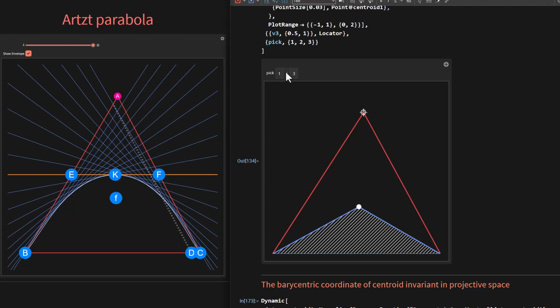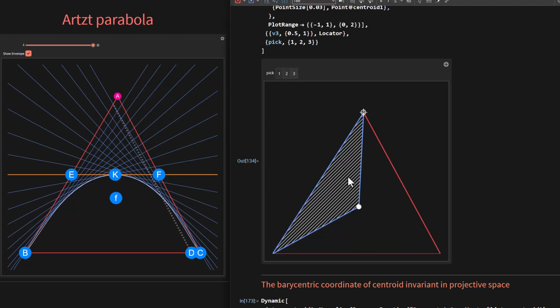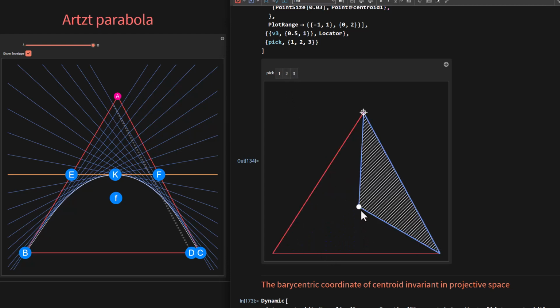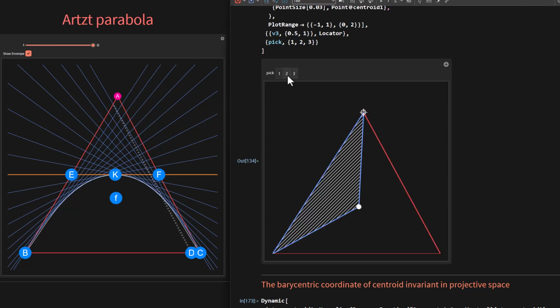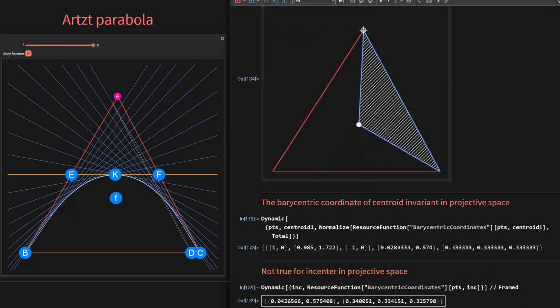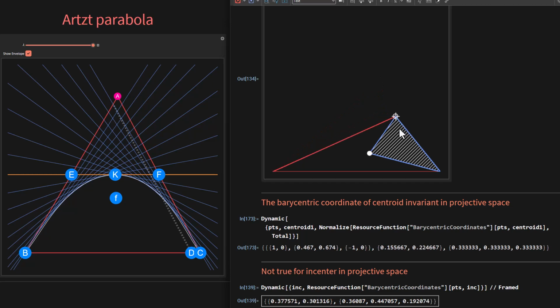And in the case of the centroid, all areas are the same. These 3 triangles share the same area. And because they share the same area, each one is 1/3. That's why you can see the coordinate is 1/3, 1/3, 1/3. Okay, it's invariant under this transformation.